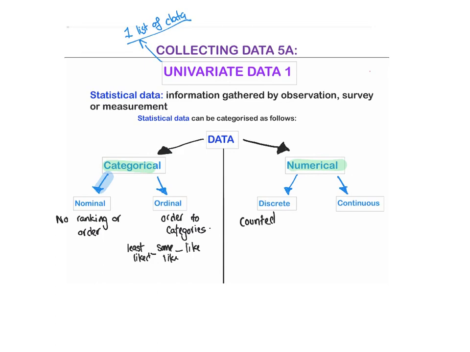You see how you counted how many TVs? That would be discrete data. Over here, continuous data is measured. If I collected your height, do you think I measured that? Yeah, so that's an example. They're the quick way to know.